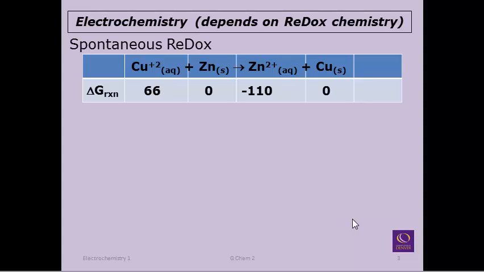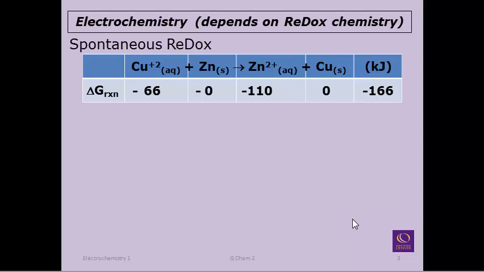and the copper solid product also has 0 kilojoules for free energy. Remember that what you do is take products minus reactants, so the free energy of the two reactants change sign, then we just sum across and you get minus 166 kilojoules per mole of free energy for every copper 2 cation that converts to copper.